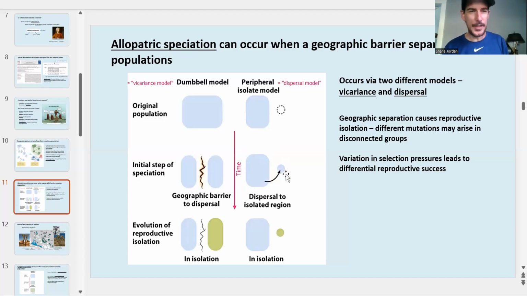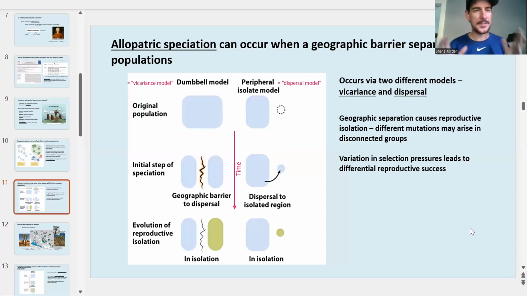And so the selection pressures here and the selection pressures here are not the same. And this can start to drive, again, reproductive isolation. And we might see a situation where, again, if we tried to take individuals from this group and individuals from this group and get them to breed with each other after all this time has passed, they might not be able to do it.